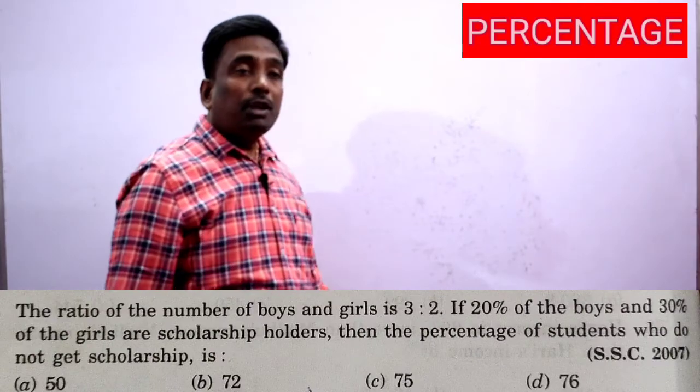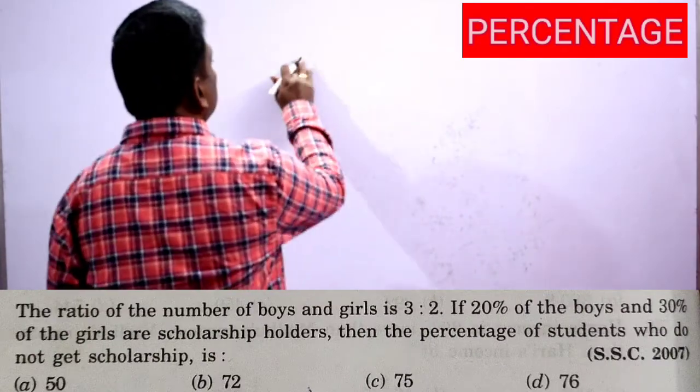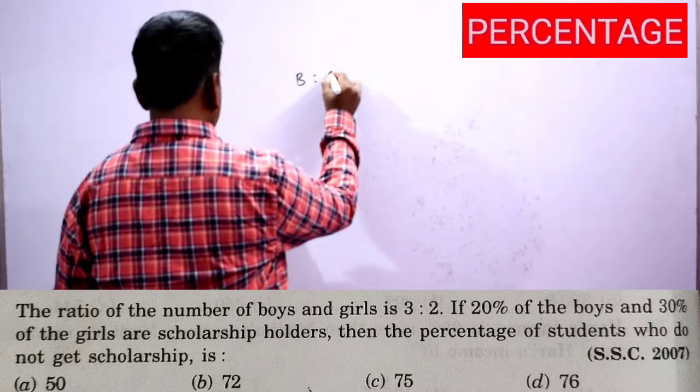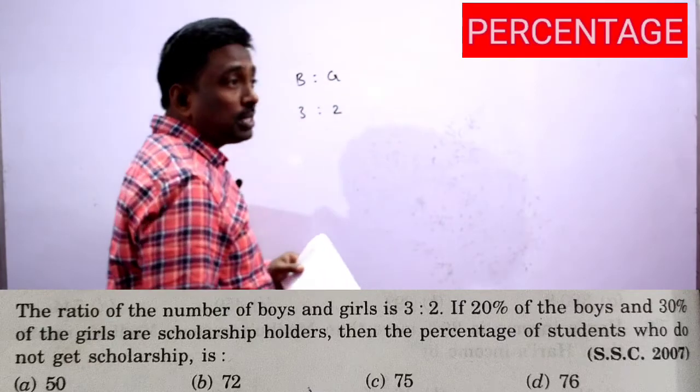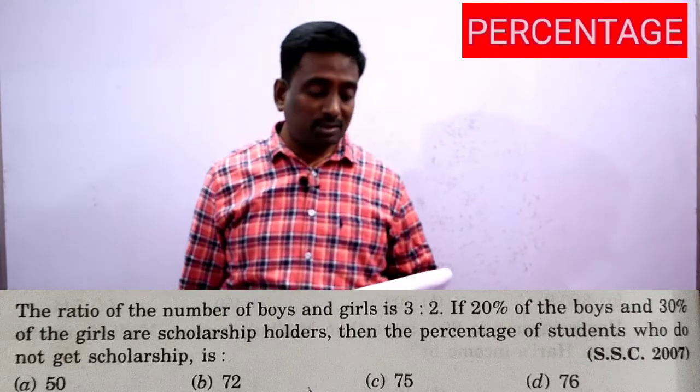The ratio of the number of boys and number of girls is 3:2.